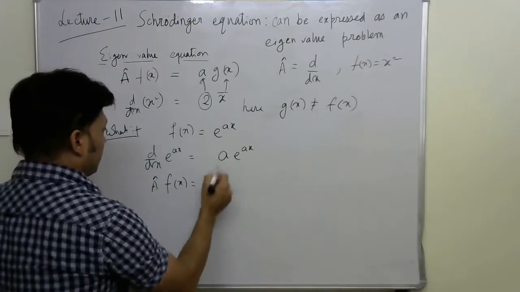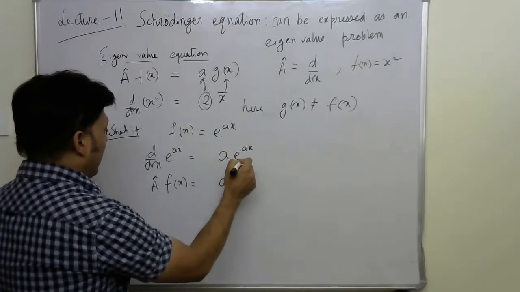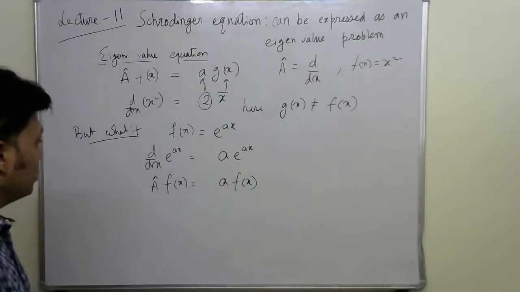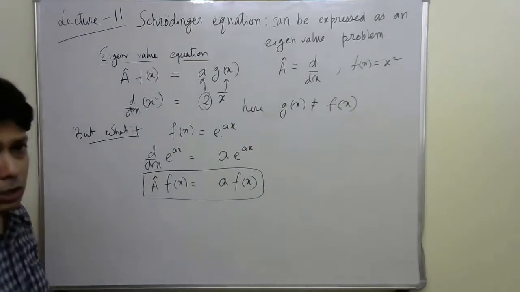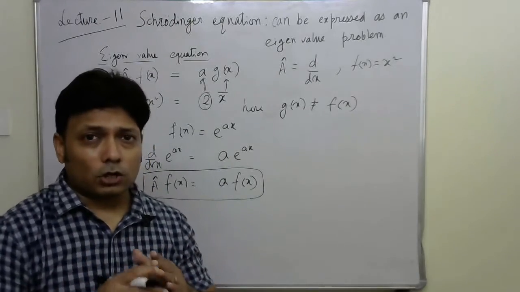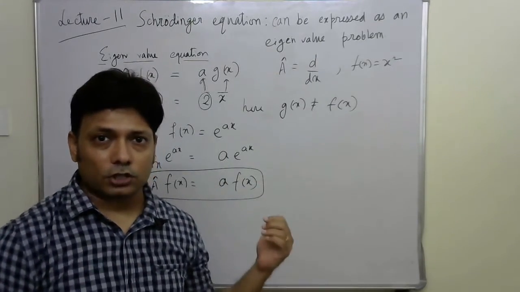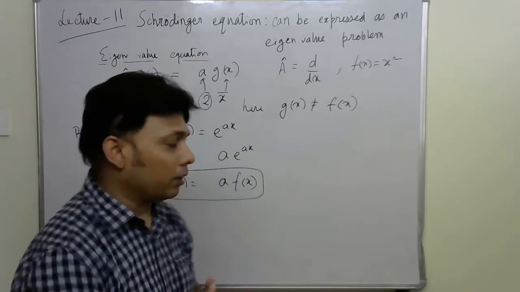Here we get the constant a, and what is e to the power ax? It is f(x) itself. So here we have a very special relationship. Whatever function we get after the operation is exactly the previous function, so we get the function back after applying our operator.